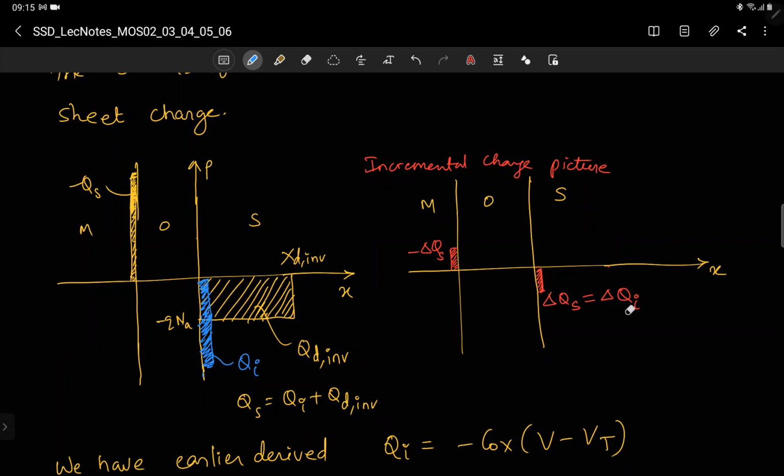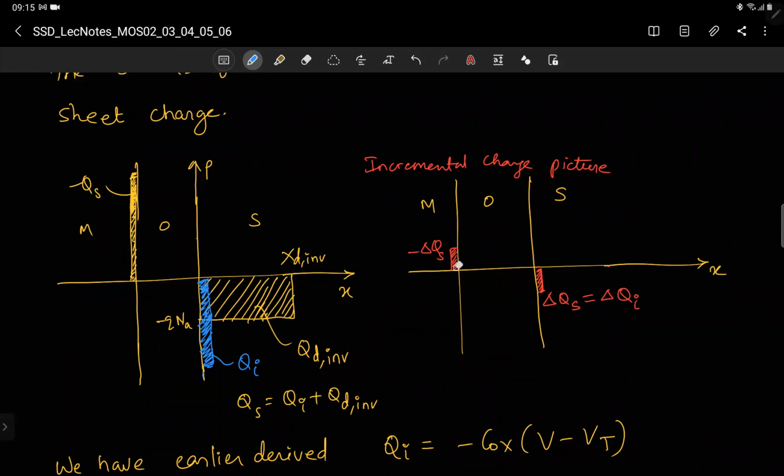So the change in charge is entirely coming from the change in inversion charge, that is delta Qs, the change in semiconductor charge, is entirely equal to delta QI, the change in inversion charge, and minus delta Qs is the corresponding charge on the metal. So you see that both charges are separated by Tox.